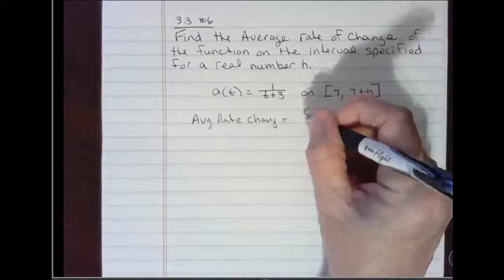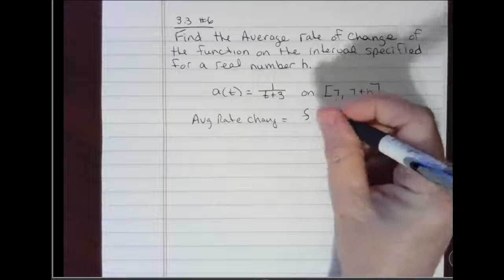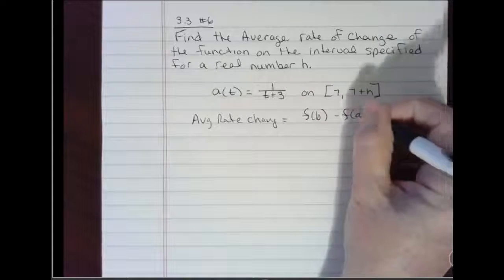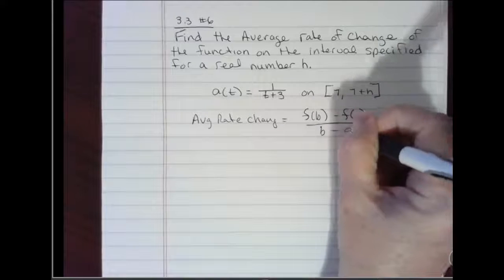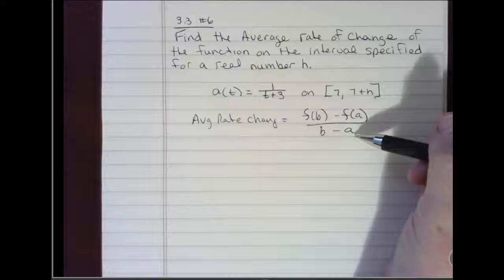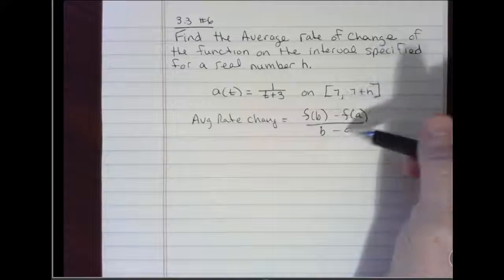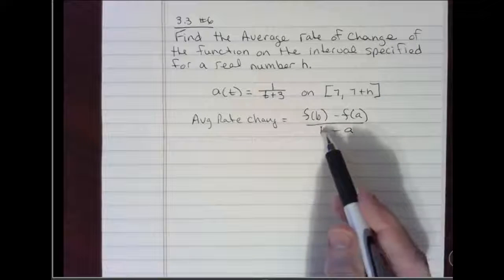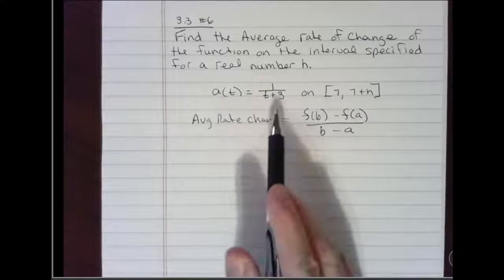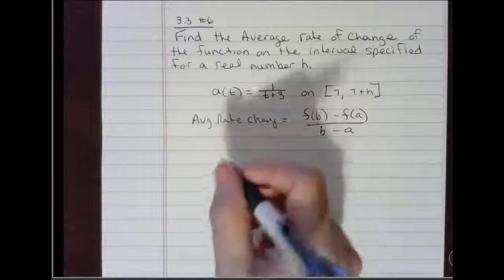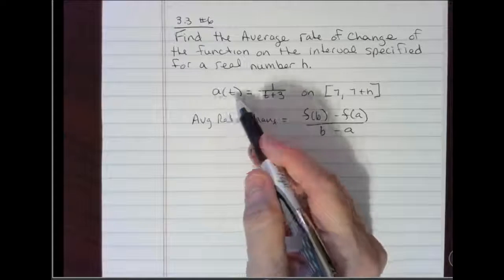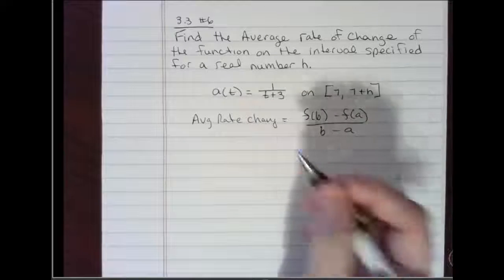And I'm looking at f of b minus f of a over b minus a, if you remember. Okay, so this is the average rate of change formula, which is very much like the slope formula. So we're going to take this formula and use it to find the average rate of change of this particular function. But instead of f of b, I'm going to use the notation used here.